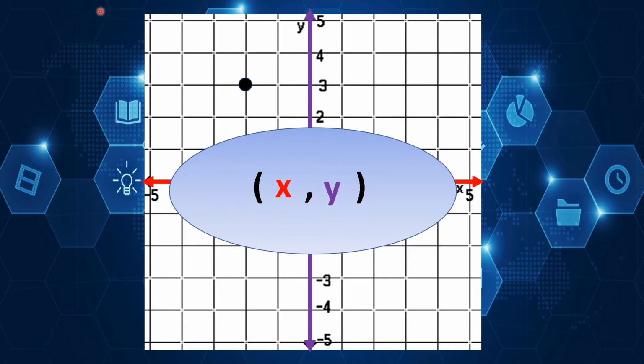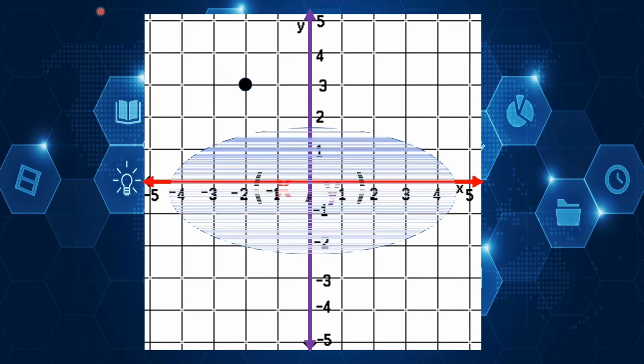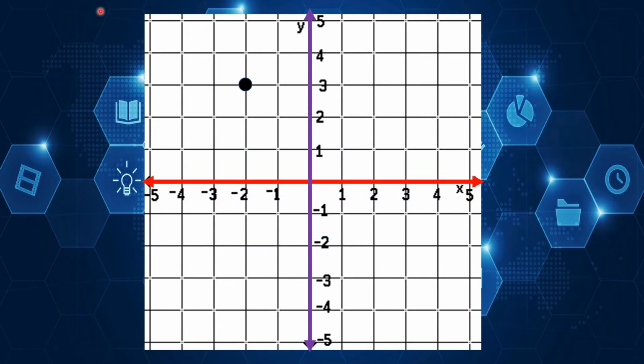So how are we going to locate the given point? First, look at your x-axis. This point is aligned exactly at -2. Therefore, your x-coordinate will be -2. And this point is aligned at 3 for your y-axis.